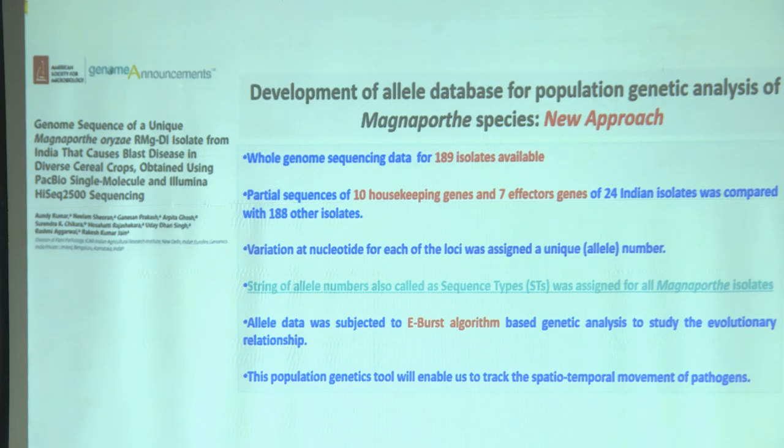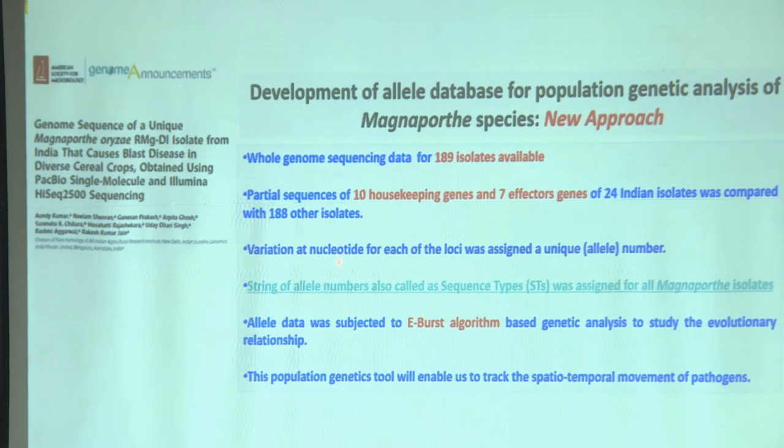So, now we have to select the loci, and here we have considered around 17 loci. 10 of them are housekeeping and 7 of them are virulence related, or what is called as pathogenicity related, or effector coding genes.